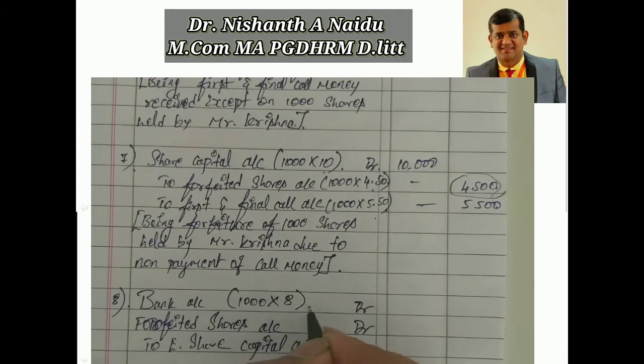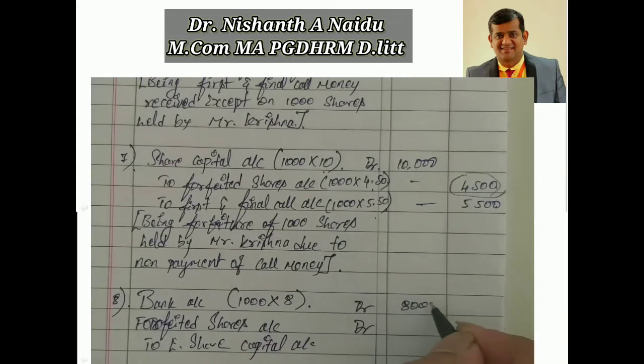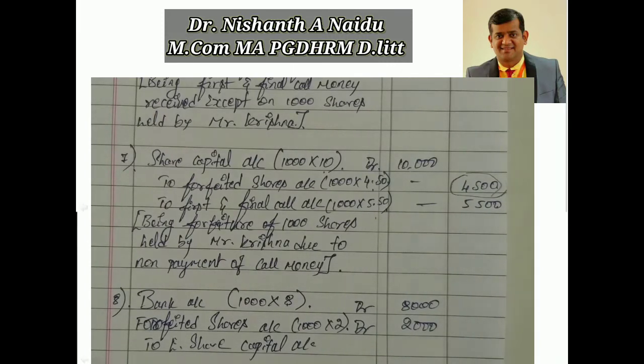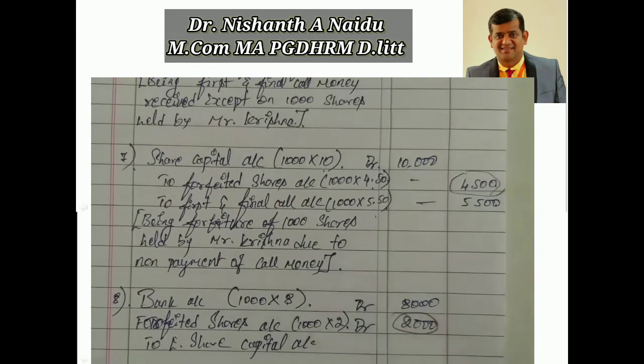So 1000 shares at rupees 8, 8,000 rupees. So forfeited shares account, that is how much loss. Actual face value was 10, I have issued at 8, so loss is 2000 because per share is 2 rupees. So I am highlighting this also. So to share capital account, so that goes to 10,000 rupees.